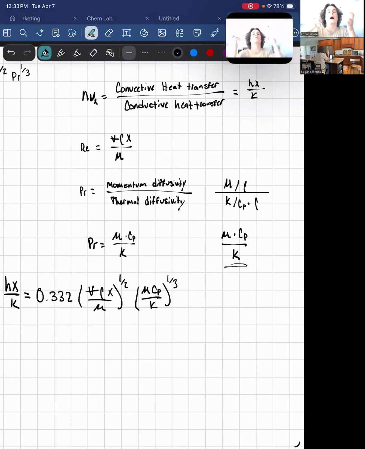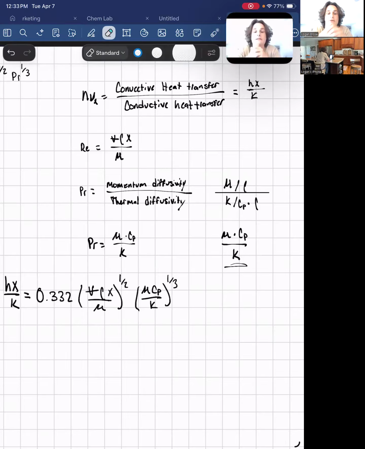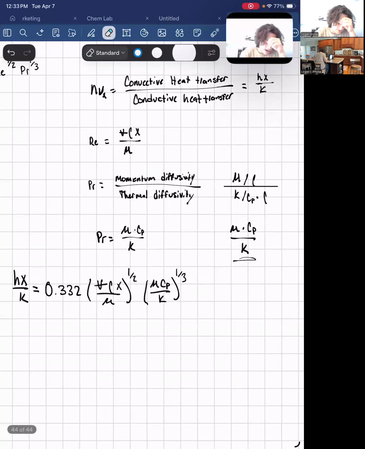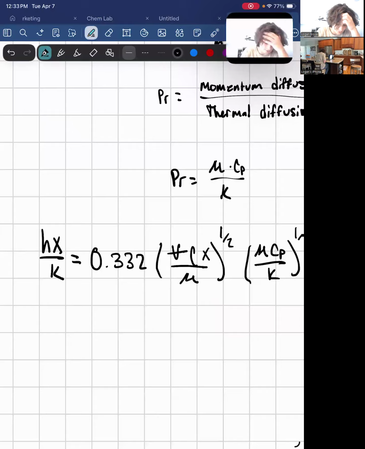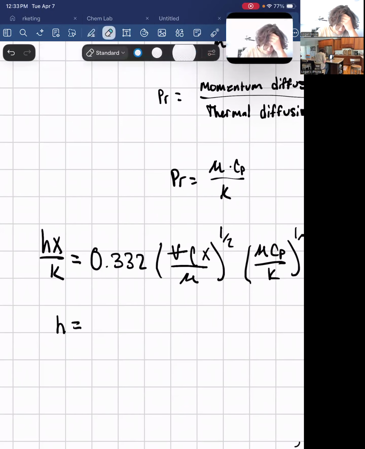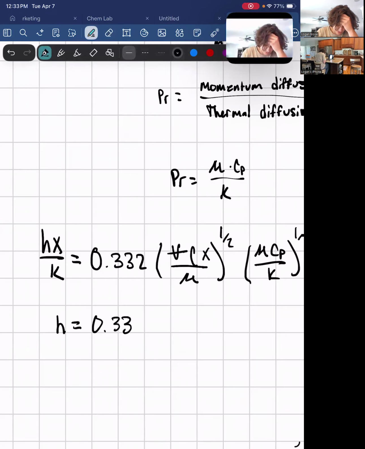Now, earlier I said that we wanted to maximize H, so now we want to get H by itself. When we do that, we get H equals 0.332, and that 0.332 is an experimental value that was determined for this specifically, so it is not a number I just made up.